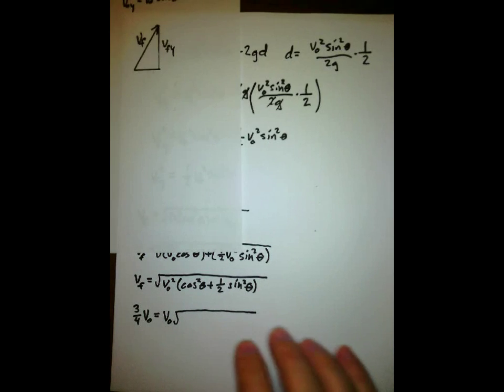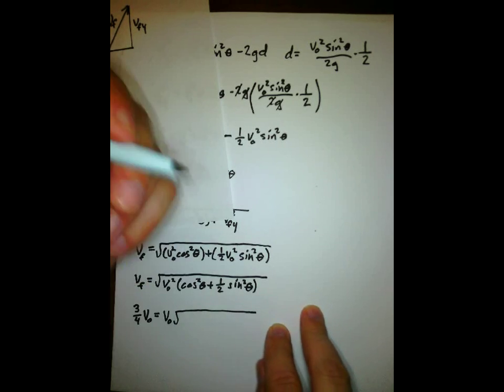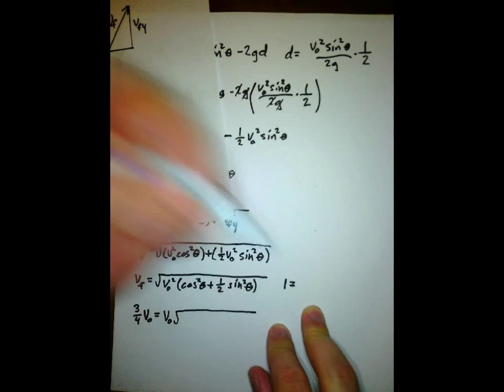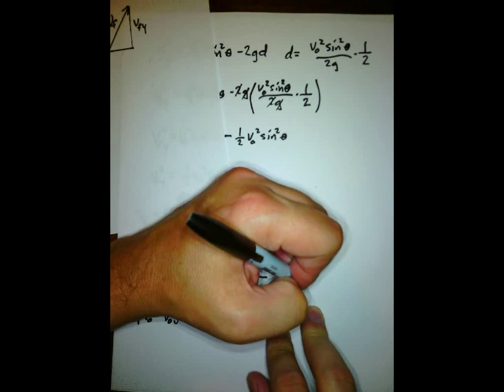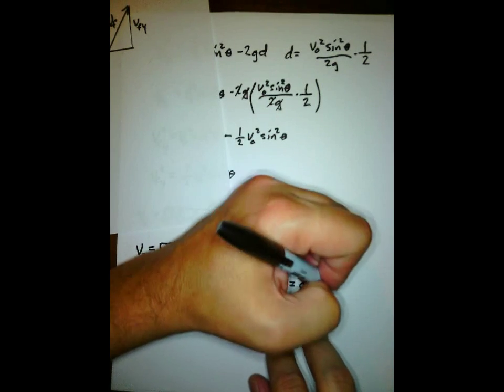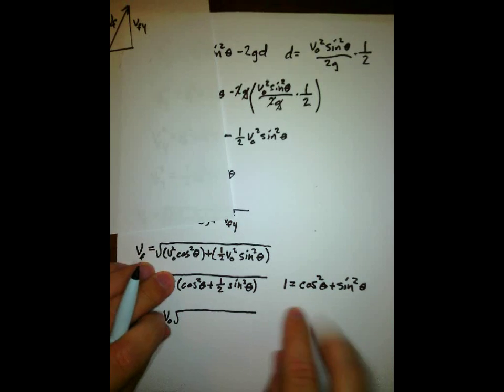Alright, I'm trying to combine some steps here. One more substitution that I'm going to make. We all remember from trig that 1 equals cosine squared theta plus sine squared theta.